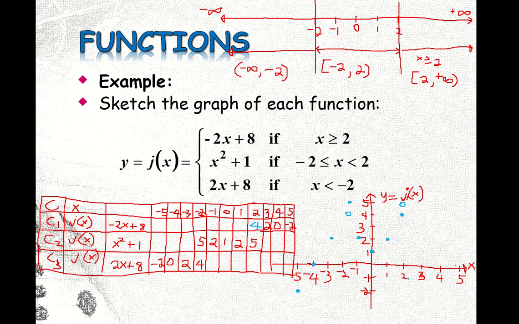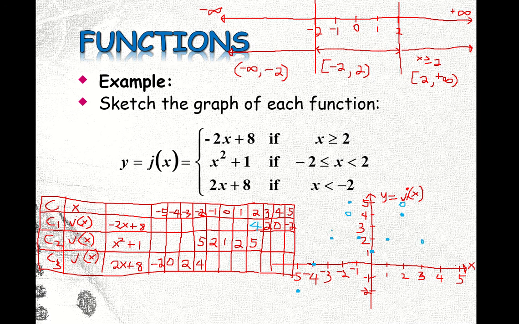And when x is 3, g sub x is 2. So it means at this point.